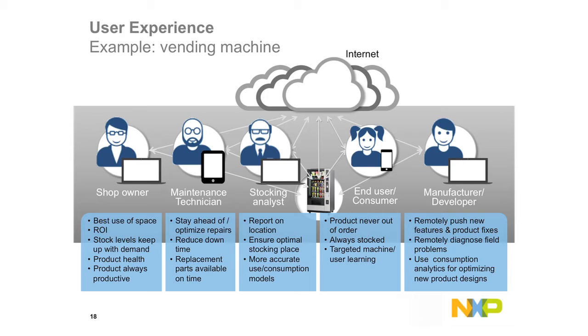The other side of things, the manufacturer. Well, if you've got a vending machine and it's got 6 layers of products, but nobody ever buys from the bottom 3, why are you spending money making the bottom 3? Make the machine smaller, right? Offer different features. You can only really get that from a connected product. A connected product could live stream good information back to the manufacturer.